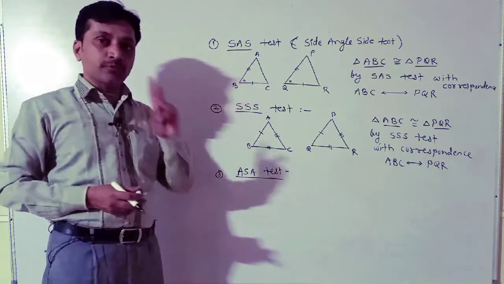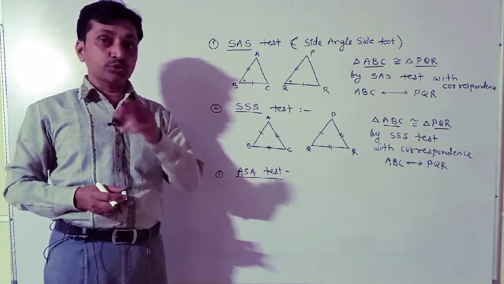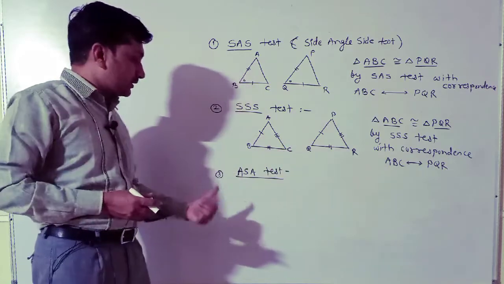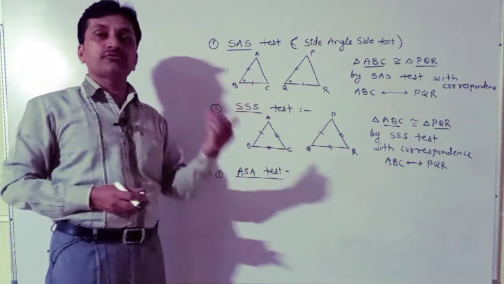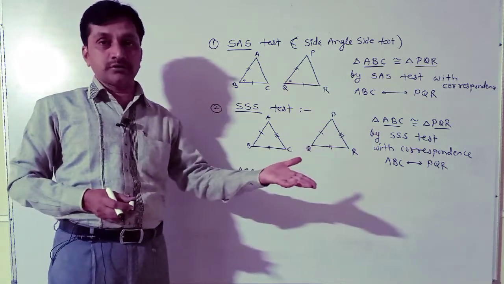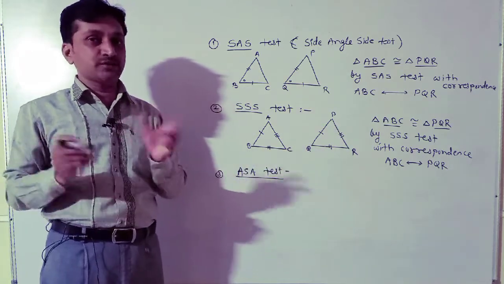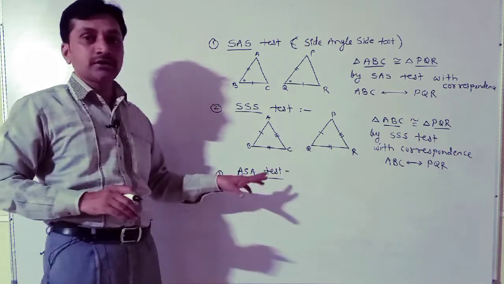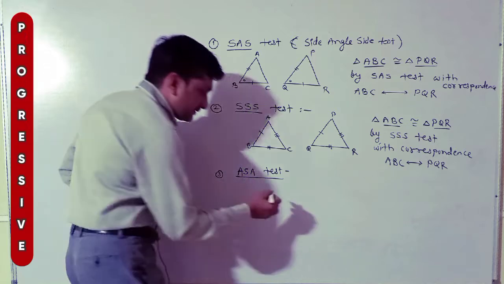Now two angles of one triangle are congruent with two corresponding angles of other triangle, and included side of one triangle is congruent with included side of other triangle. Side should be included by these two angles. Then these two triangles are congruent by ASA. Let's see example.